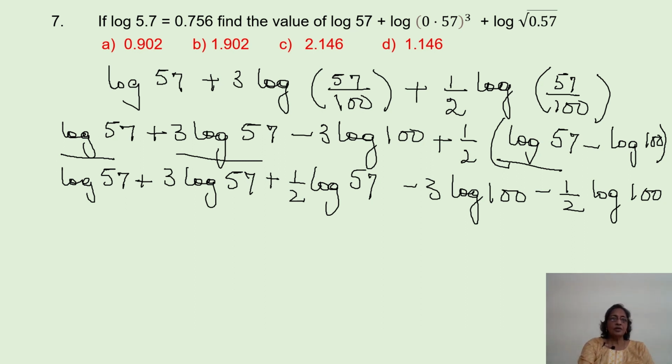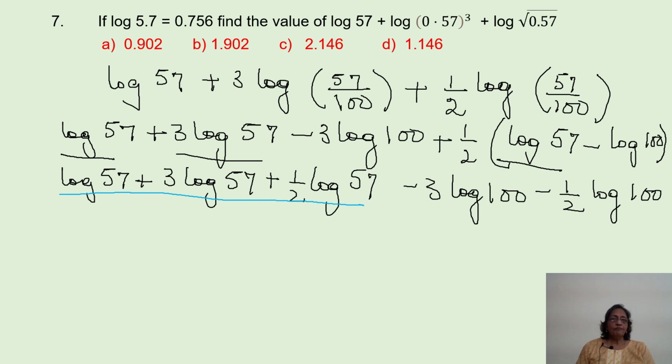So if you look at all these, the values that I have got here now, log 57 plus 3 log 57 plus half log 57. They are all the same value, so they are all like terms. Now what happens to all these like terms over here? This is a 1 here plus 3 plus half.